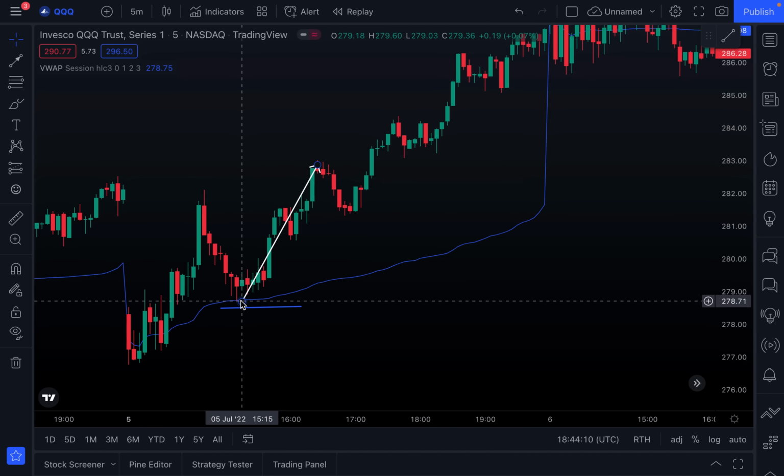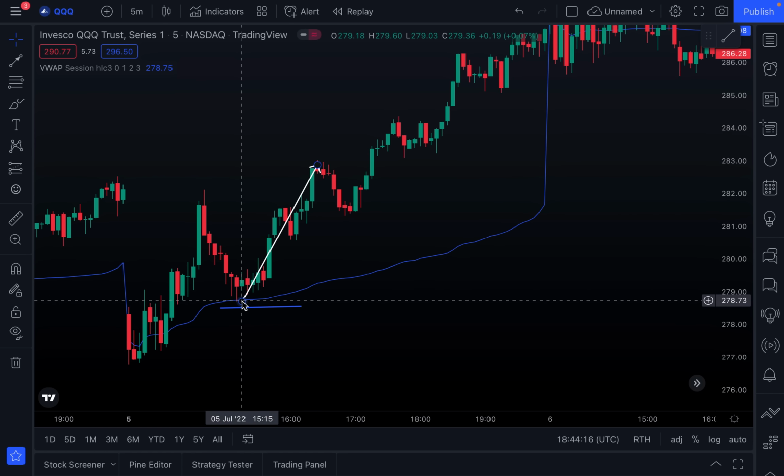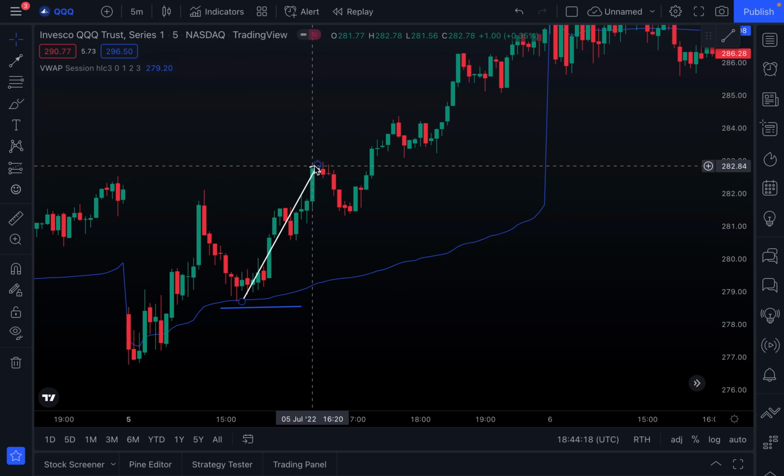And as you can see here, it did indeed bounce off the VWAP. It acted as support, and it pushed up even higher here. Okay, so you would have made a nice play here, looking at the VWAP and using it here. Okay, so that's potentially how you would use it. And so that's kind of the main focus of the VWAP indicator and what it helps you identify.